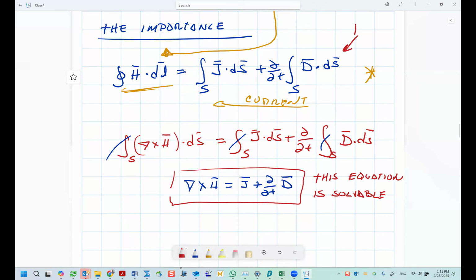This equation, in general, completely general, is not solvable.